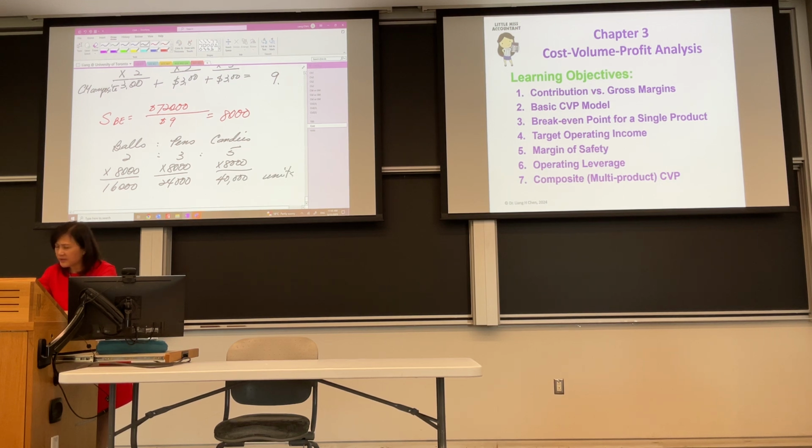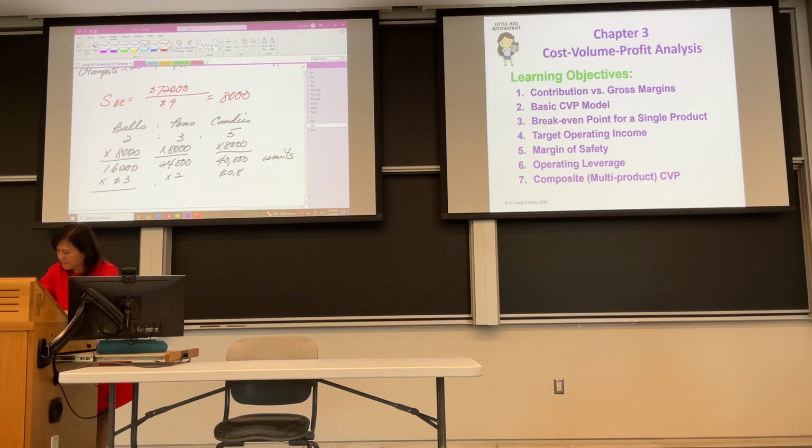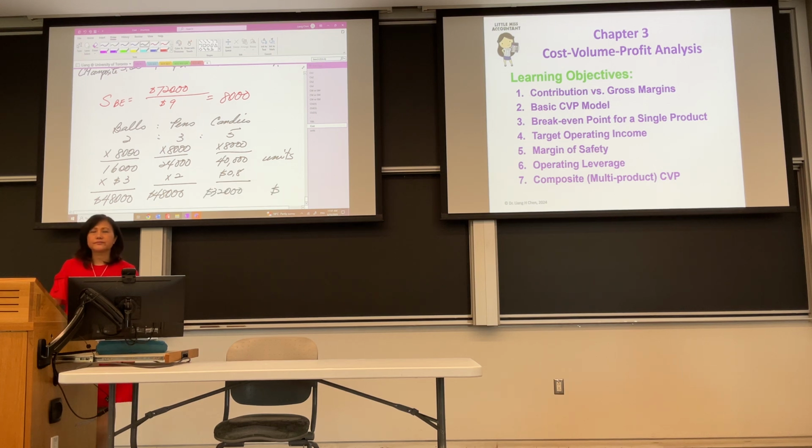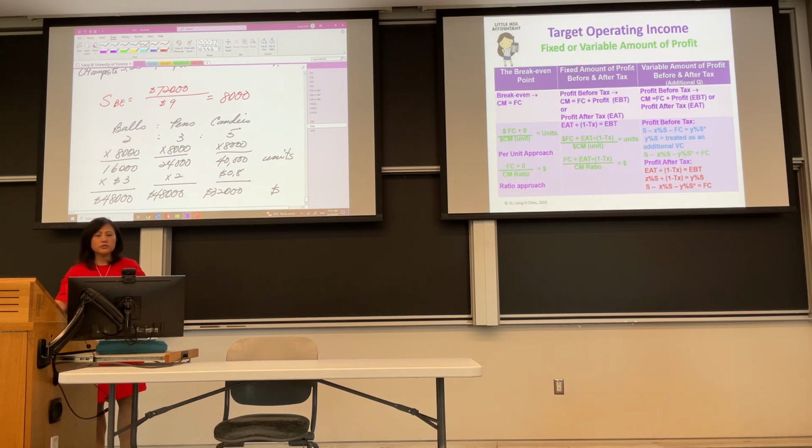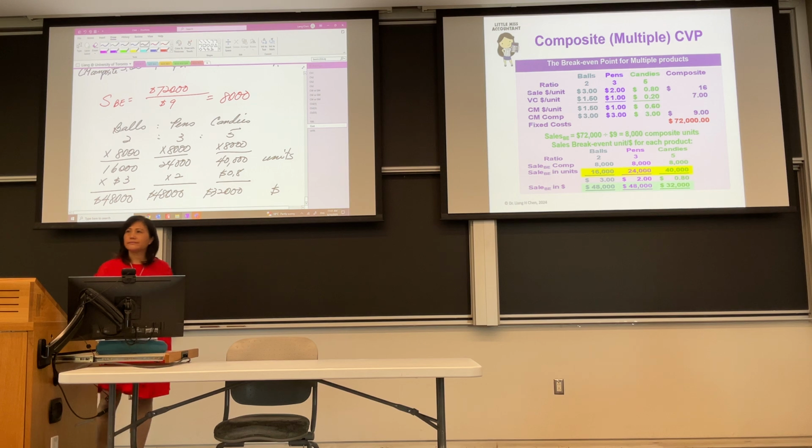This is the number of units. You want to know the dollar amount to break even? You times the sales price: this is $3, $2, and 80 cents. $48,000, $32,000, and this is $1. Okay, so this is exactly what I just showed you right here.